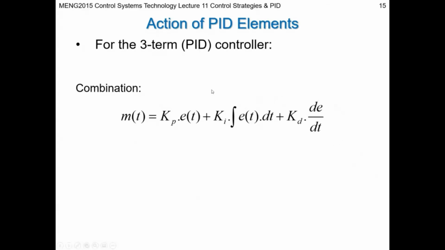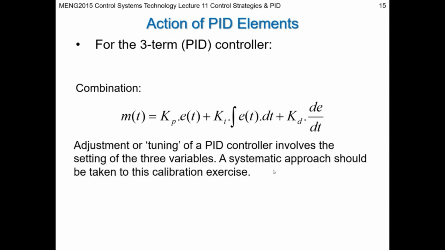So you have three terms, our P, our I, and our D, and each of them is dealing with a different sort of condition in our error signal.